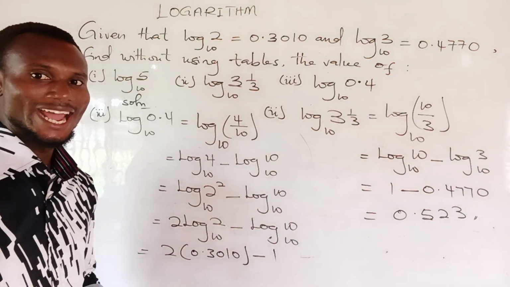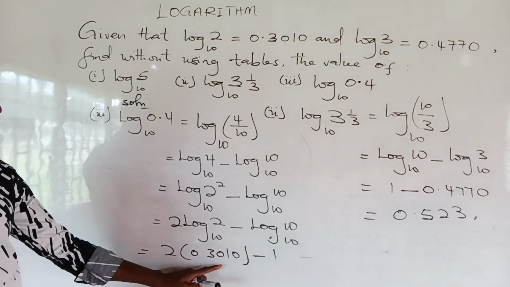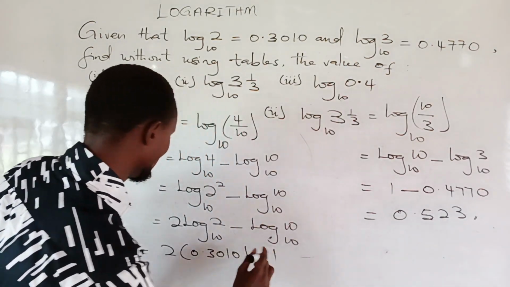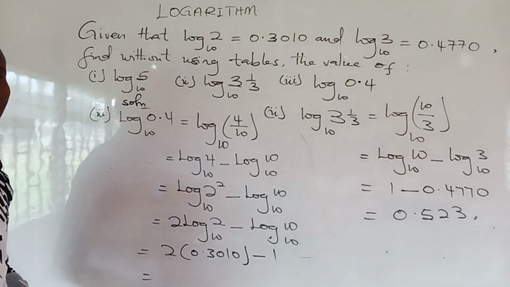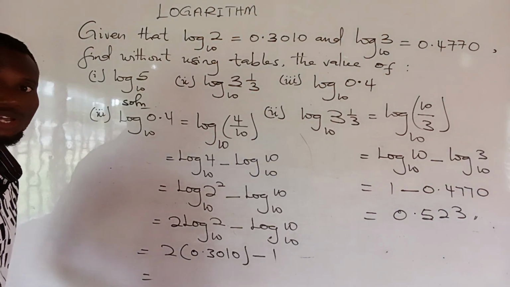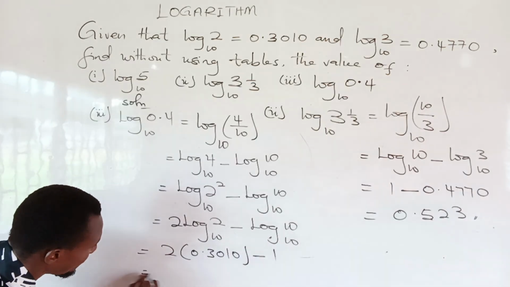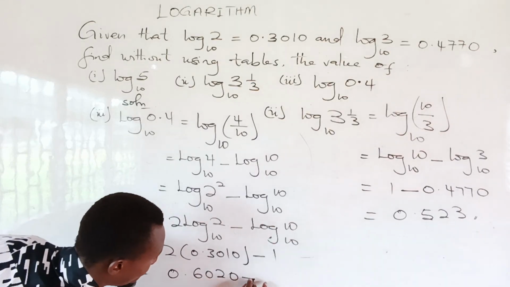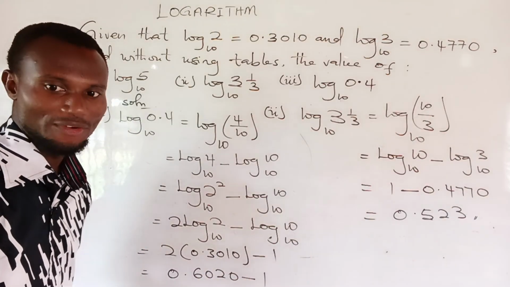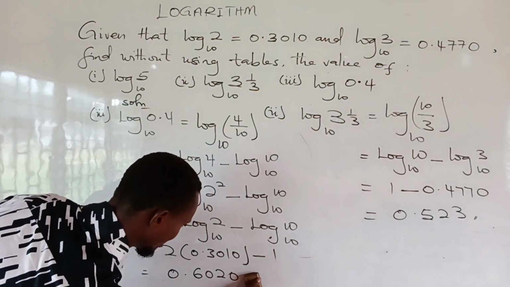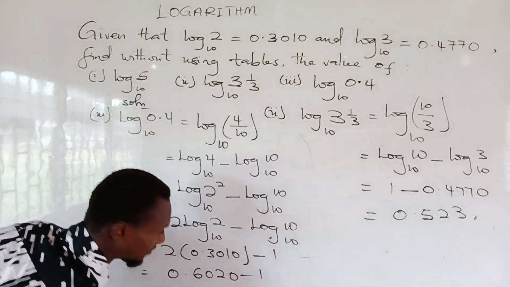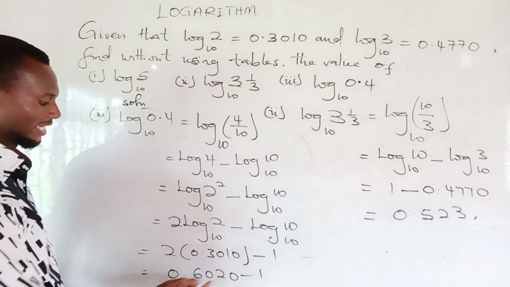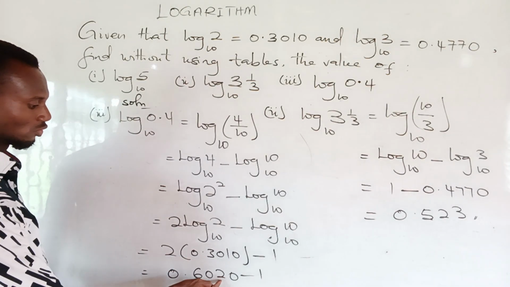So let's proceed and simplify further. 2 times this is going to give, let me continue from this side. You can just put everything on your calculator and write the final answer. So you have 2 times this, which is going to give 0.6020 minus the 1. I hope you understand and you agree with me. Let me write it well so that you can see it well. Okay, good. So here it is. The 2 times 0.3010 gives 0.6020.